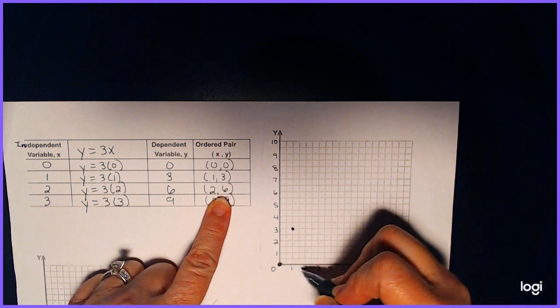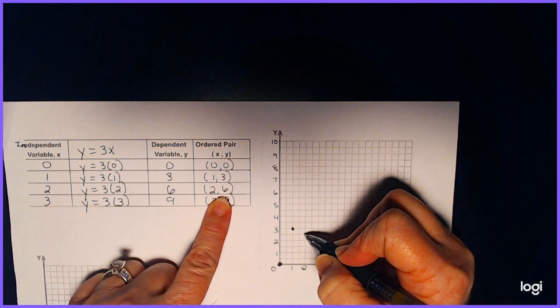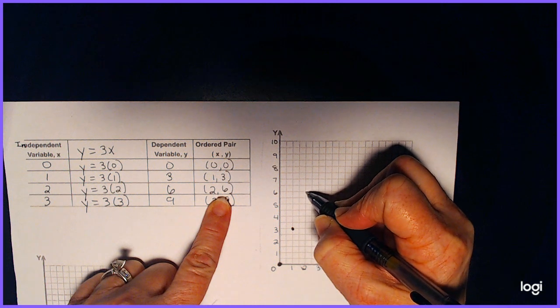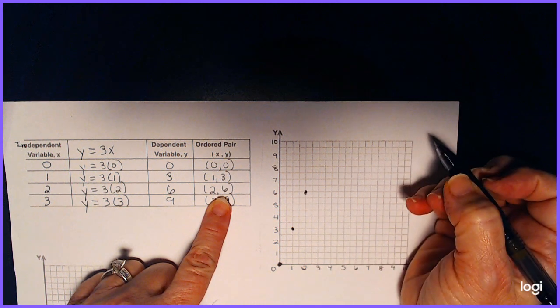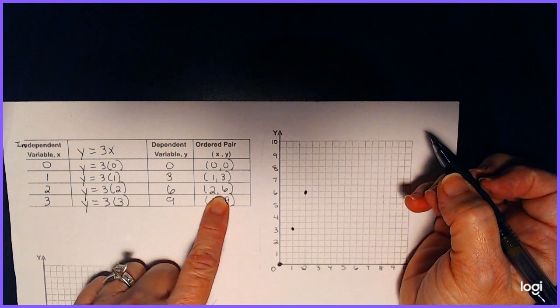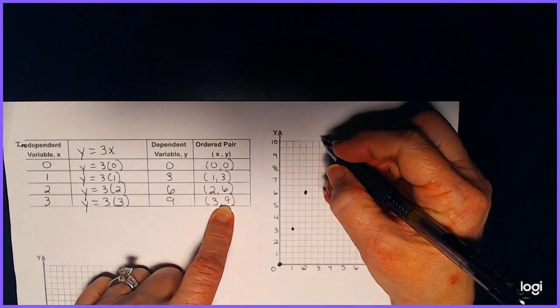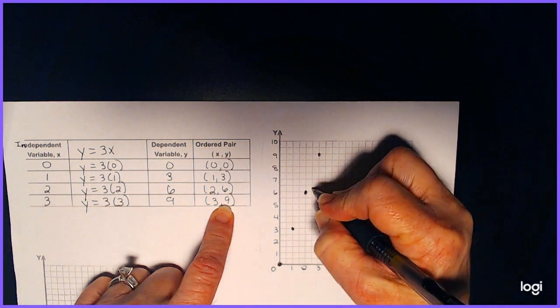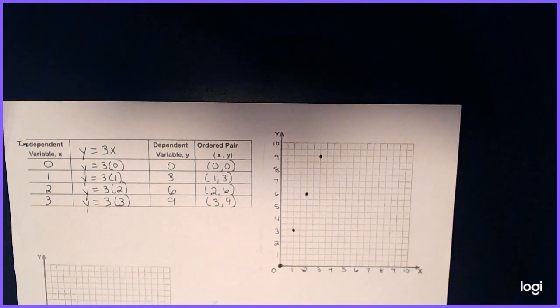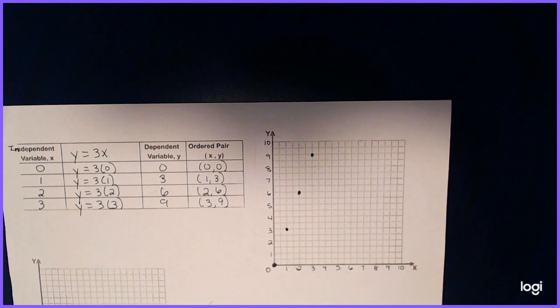My next one says to go over to the 2 and up to the 6. Looks like I'm going to go about right there. And the last one says to go over 3 and up to the 9. Make sure my dots are nice and easy for you to see.